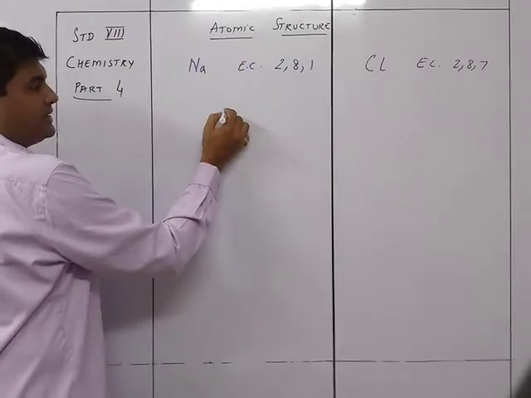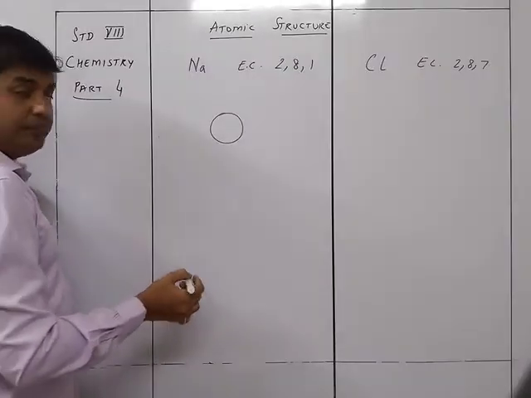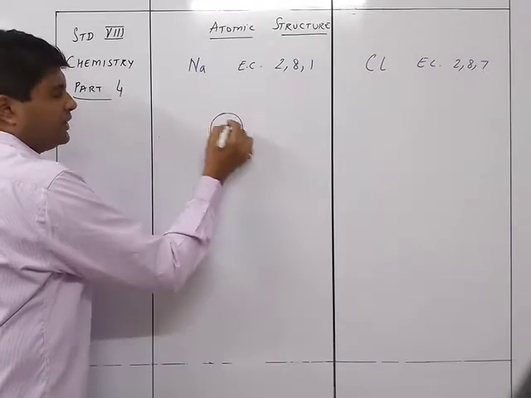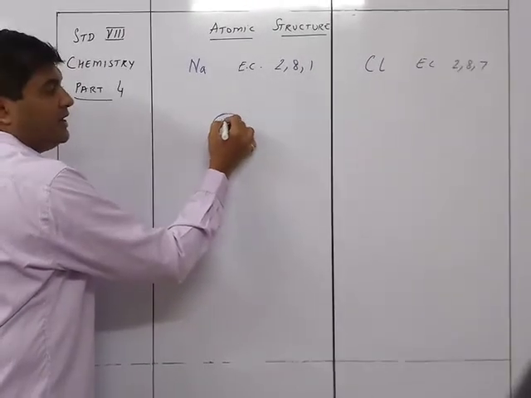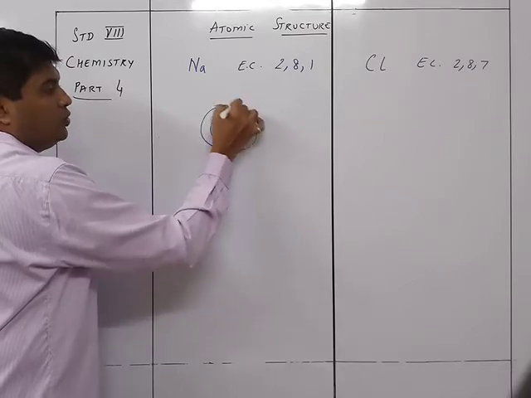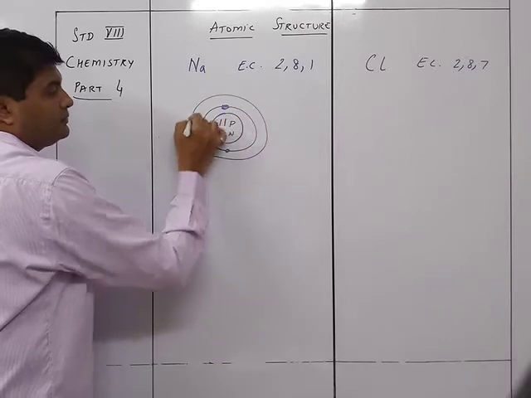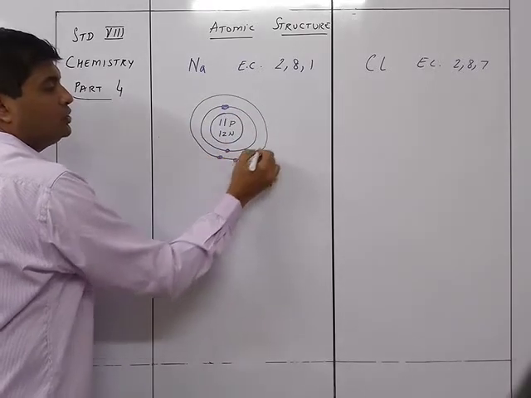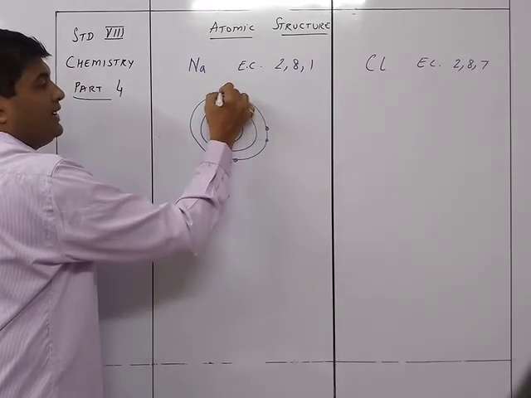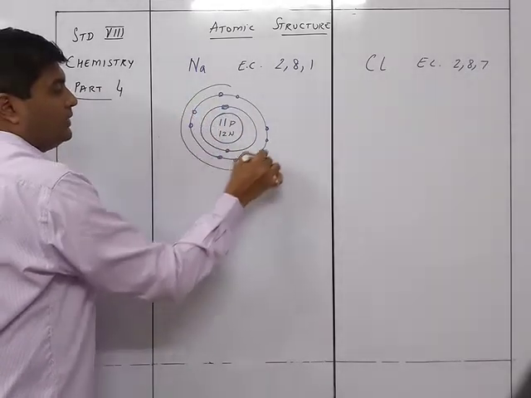So this is the atom of sodium, that is 11 protons, 12 neutrons, and then there is 2, and then there is 8, 1, 2, 3, 4, 5, 6, 7 and 8, and then there is 1 over here.